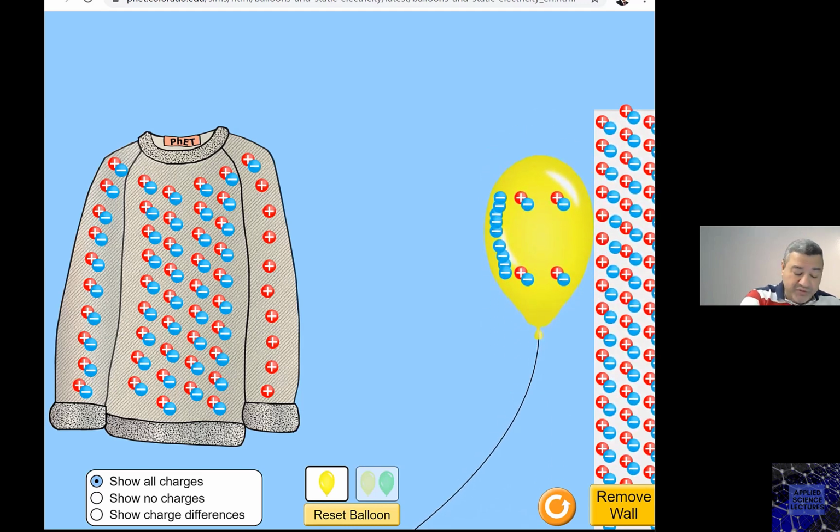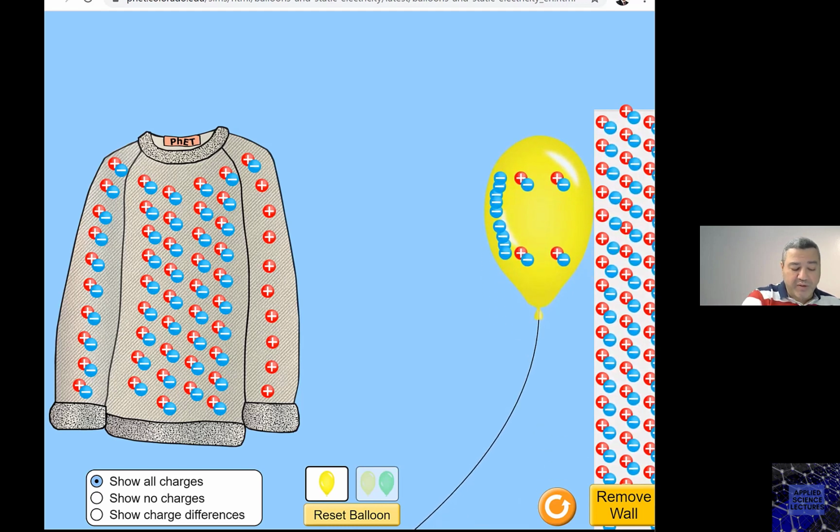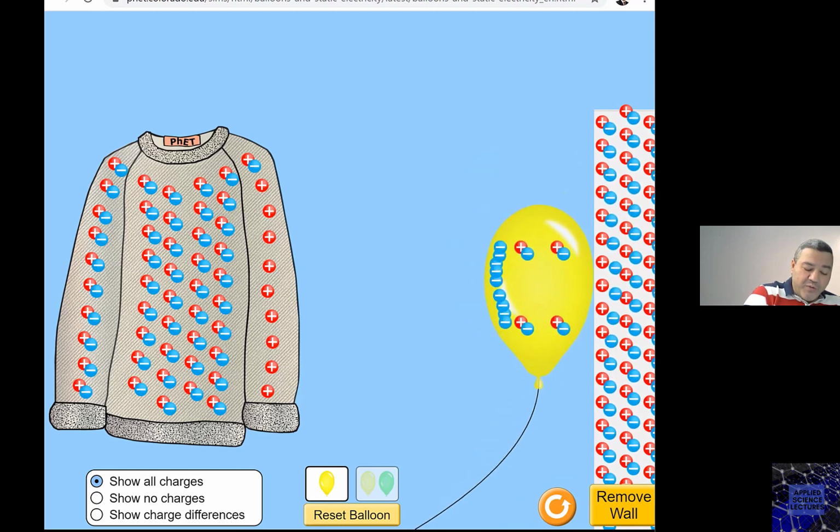When the electrons moved away, the positive charges become attracted to the negative charges in the balloon, and then the balloon will stick to the wall. So by the balloon moving away or repelling the electrons in the wall, an attractive force will be induced between the balloon and the wall.